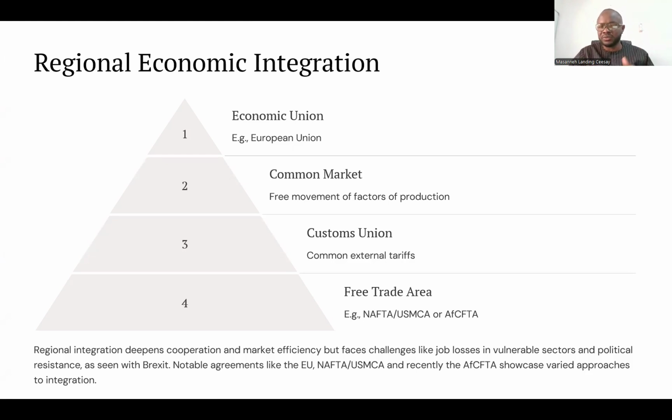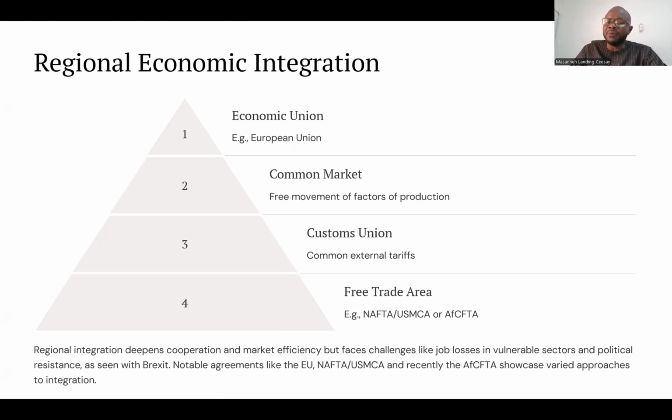So you have the upper level, which is the economic union. An example is the European Union, where the economies of these countries are almost managed together. Like in the EU, the monetary policy is centralized and handled by the European Central Bank. Of course, individual countries still have the other tool: fiscal policies are left in the hands of the country, but the key policy tool is centralized.